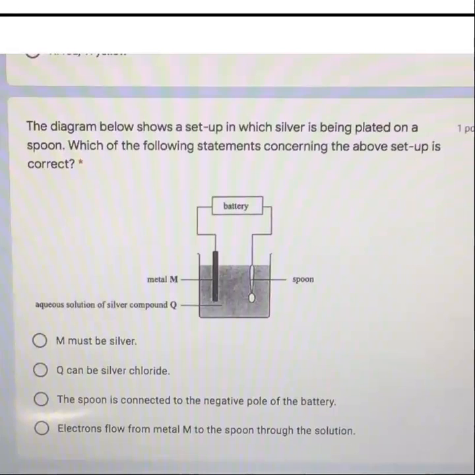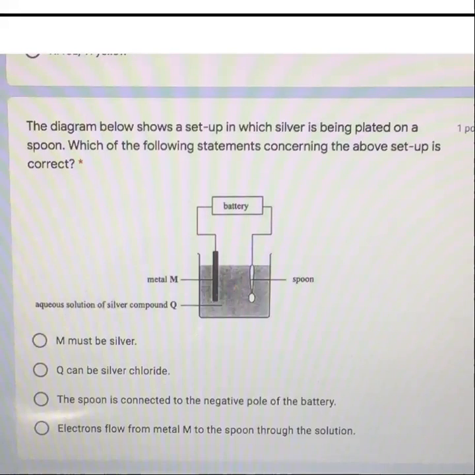Remember, the object we want to be plated should always be placed at the cathode. The other one should be an electrode connected to the anode. And then the aqueous solution that contains silver compound should be a soluble compound of silver, so it would be able to dissolve in here and also conduct electricity.